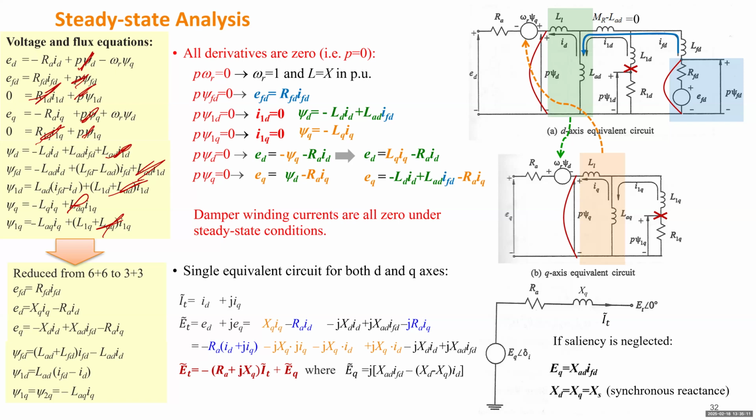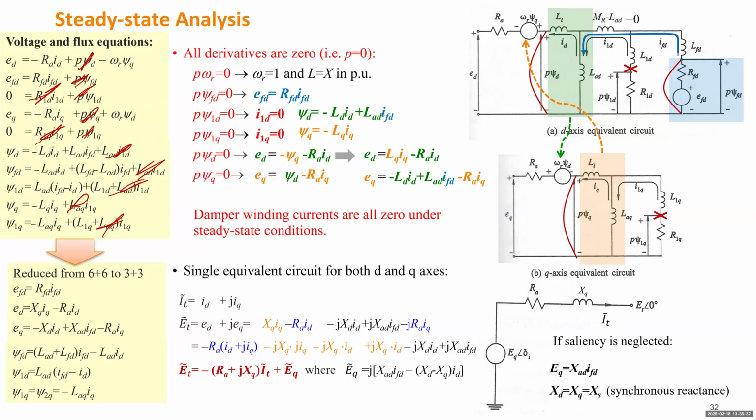Okay. Yeah, for a round rotor generator, if you ignore saliency, XD, XQ, XS, you can use either one as a single reactance. And also for a round rotor generator, you can also ignore this term. This term is proportional to the difference between the D and Q axis inductances.